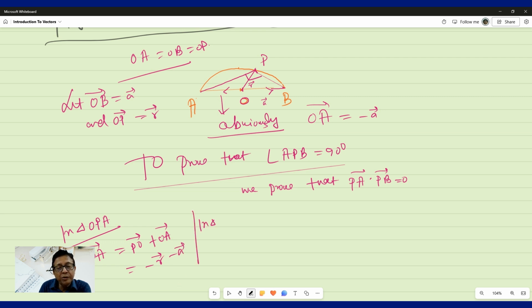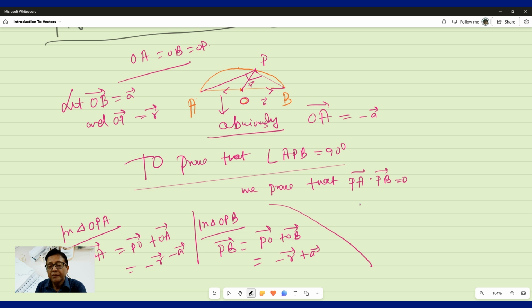In triangle OPB, PB vector is what? PO plus OB. PO is what? Minus R plus A. So the LHS is going to be what? PA dot PB, that is minus R minus A dot minus R plus A. Am I correct?